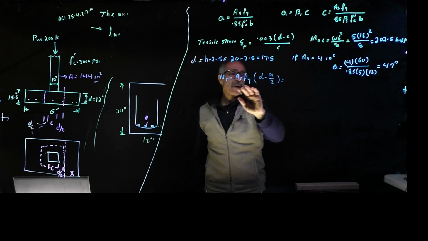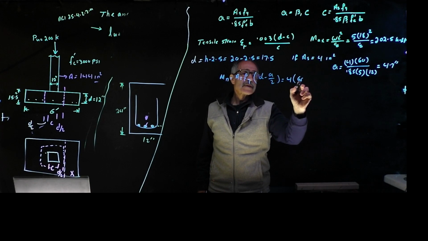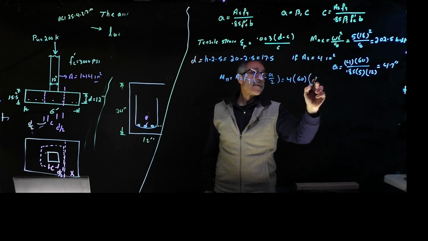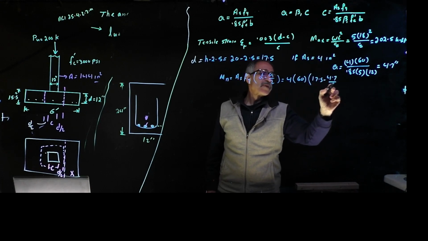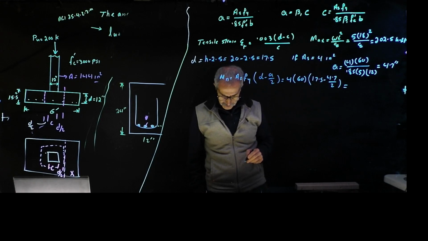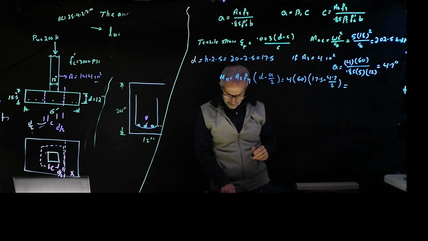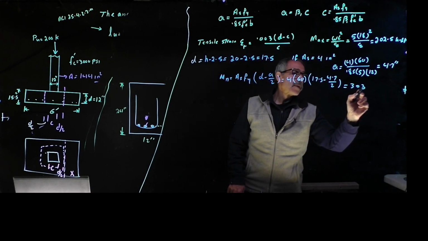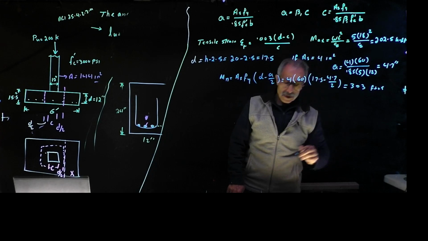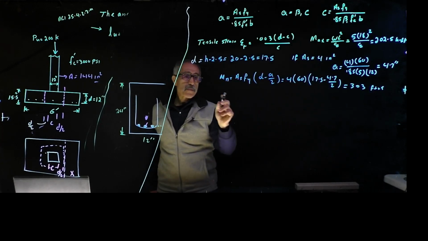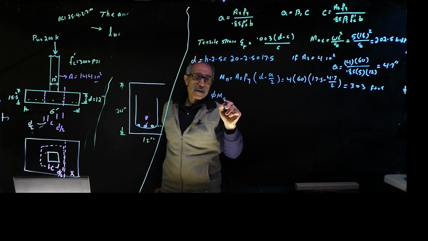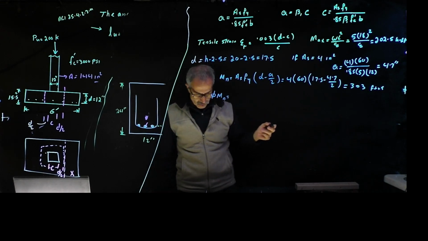So now I have 4 times 60 times 17.5 minus 4.7 divided by 2, and that will give me the answer of 303 foot-kip. So the design moment capacity is phi times Mn, and the phi for a beam is what, 0.9.